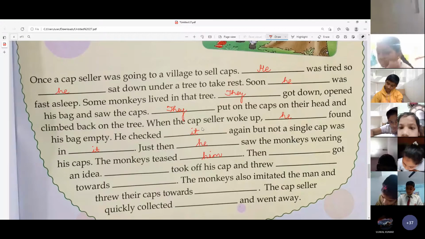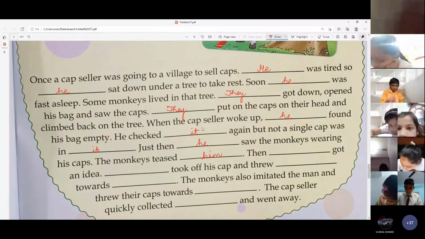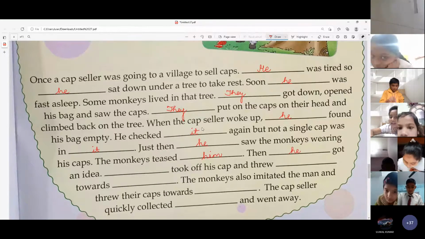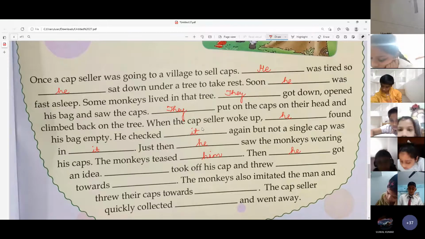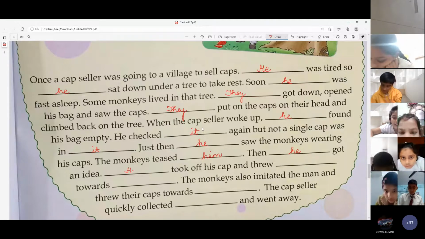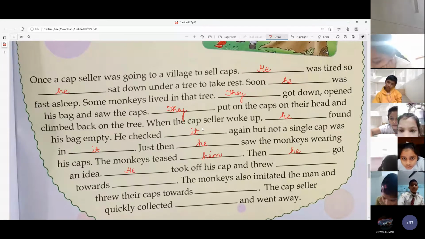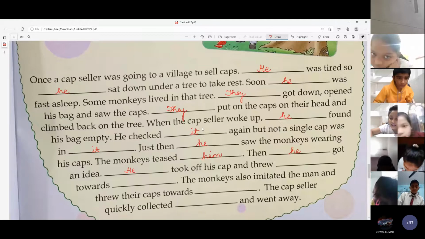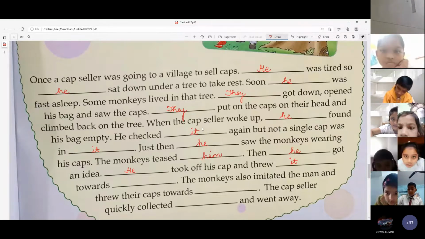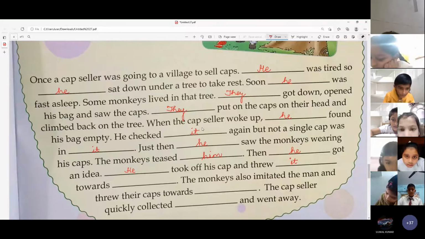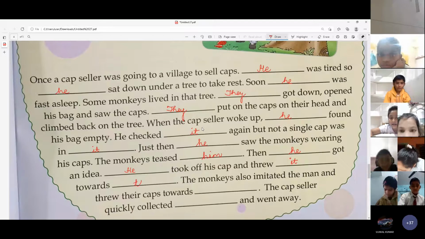Then he got an idea. He took off his cap and threw it. Cap को फेंका ना? Cap is a thing. Threw it towards them.